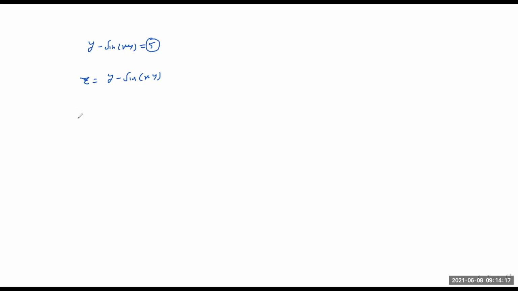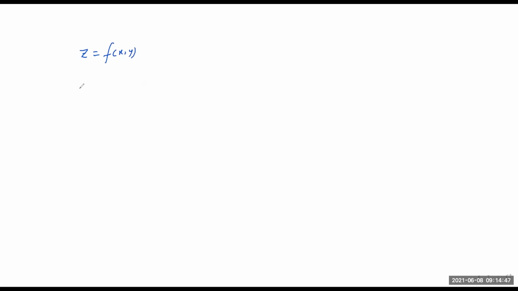Now, how do we differentiate something like this? There is a way of writing dz. This is not a function of one variable; z is a function of x comma y.